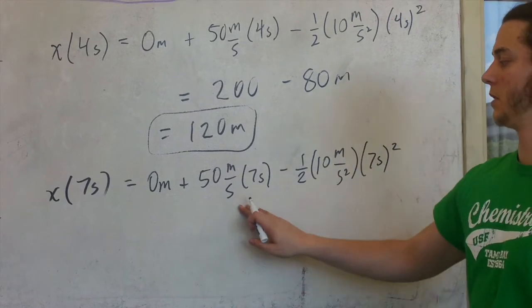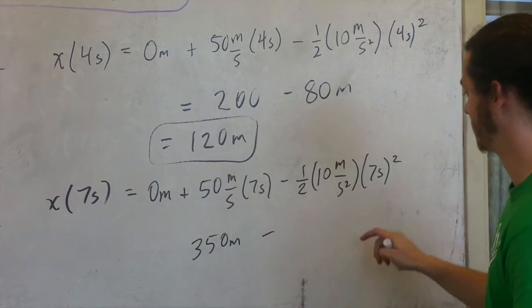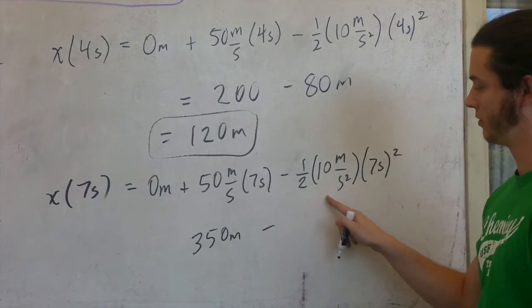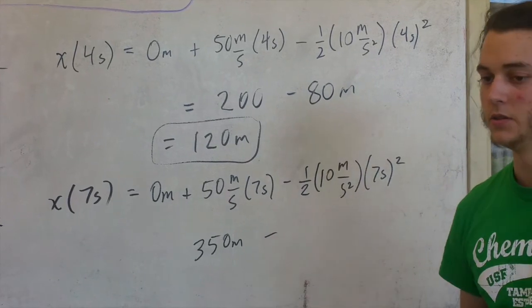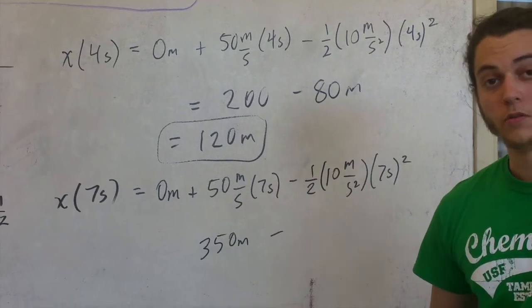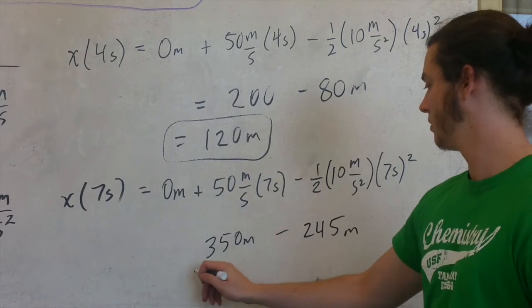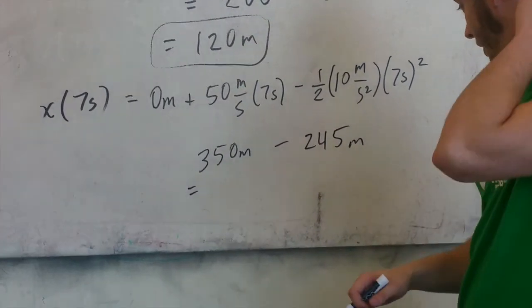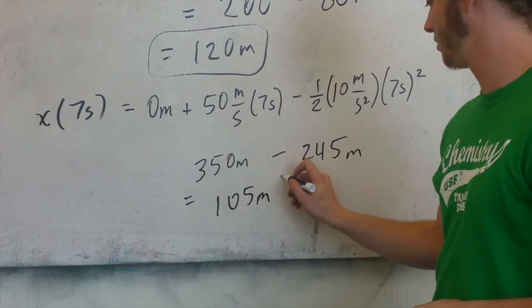Okay, 50 times 7 is 350. And 7 squared is 49, times 10 is 490. 1/2 of 490 is 245. So here we get 350 minus 245, which is 105 meters.